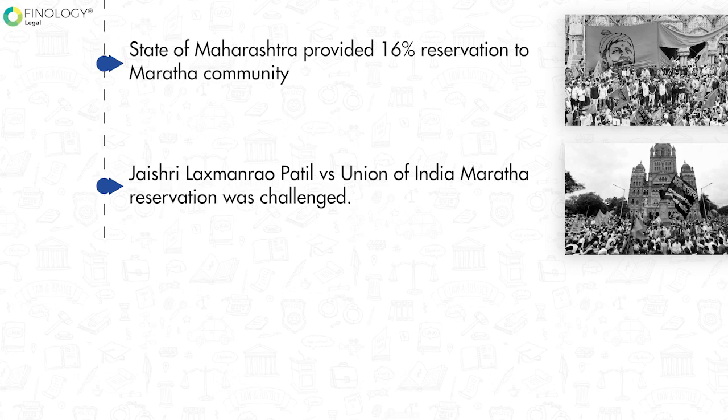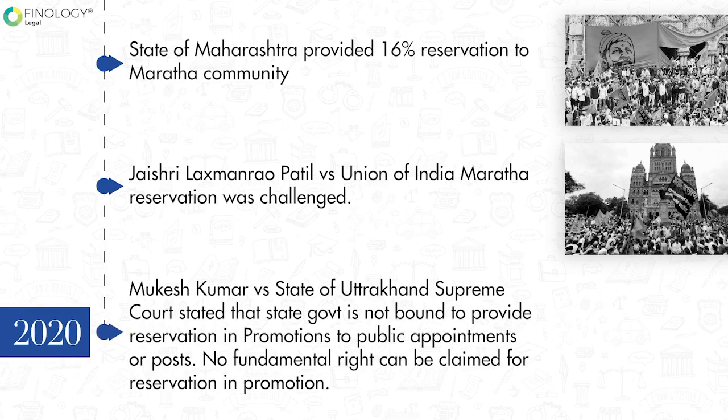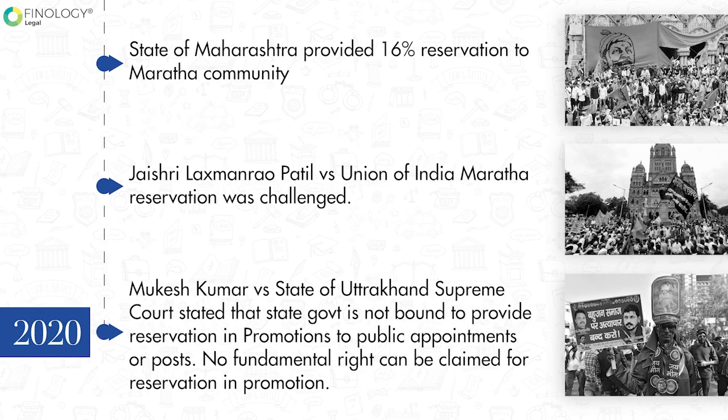Now, in the subsequent year of 2020, we saw the case of Mukesh Kumar versus State of Uttarakhand, where the Supreme Court stated that the state government is not bound to provide reservation in promotions to public appointments or posts, and no fundamental right can be claimed for reservation in promotion.